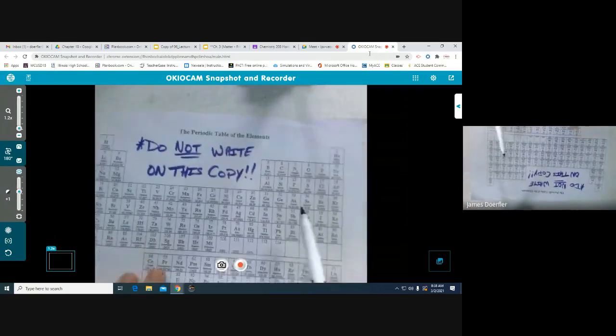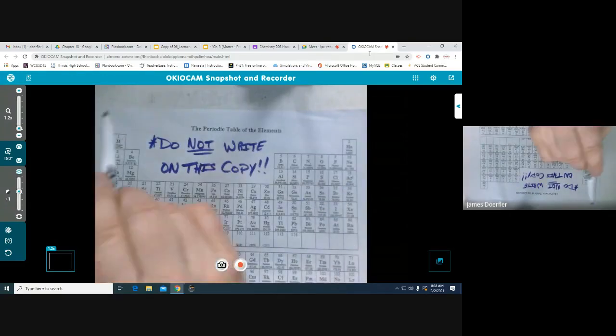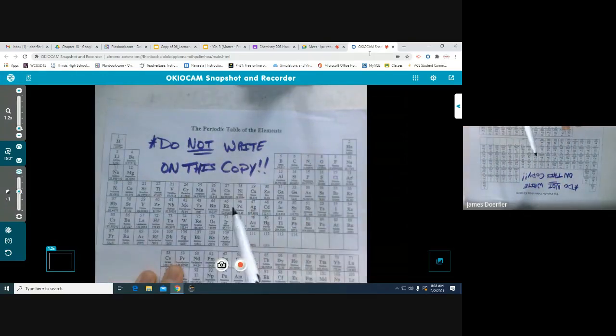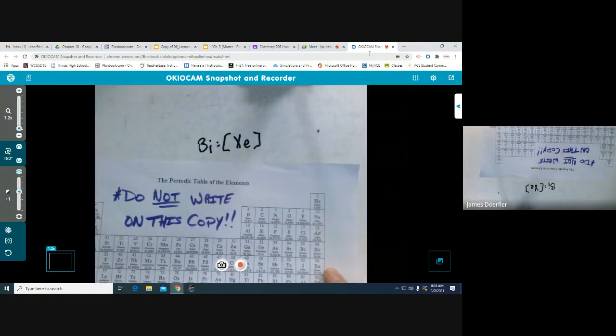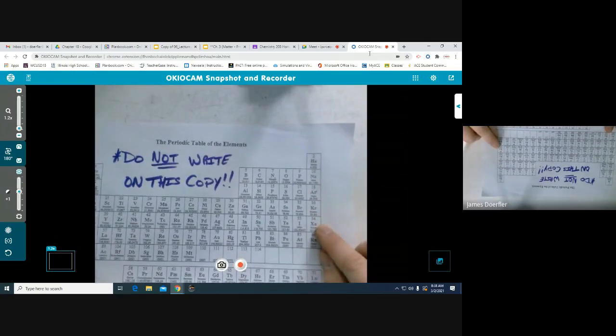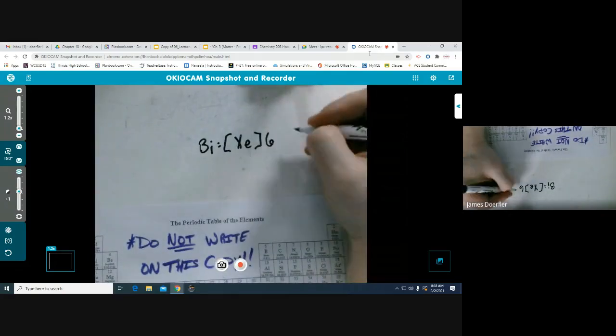And xenon is going to stand in for all of this before it. So xenon now becomes my home base. I start at xenon, and xenon's already at the end, so what do I have to do? I go all the way back to the beginning. And so I'm going to start with 6s.